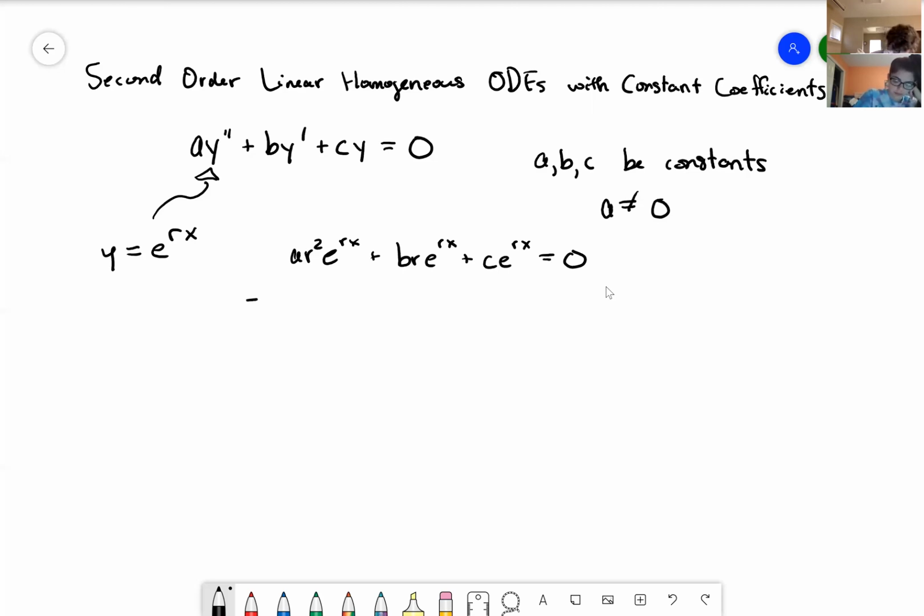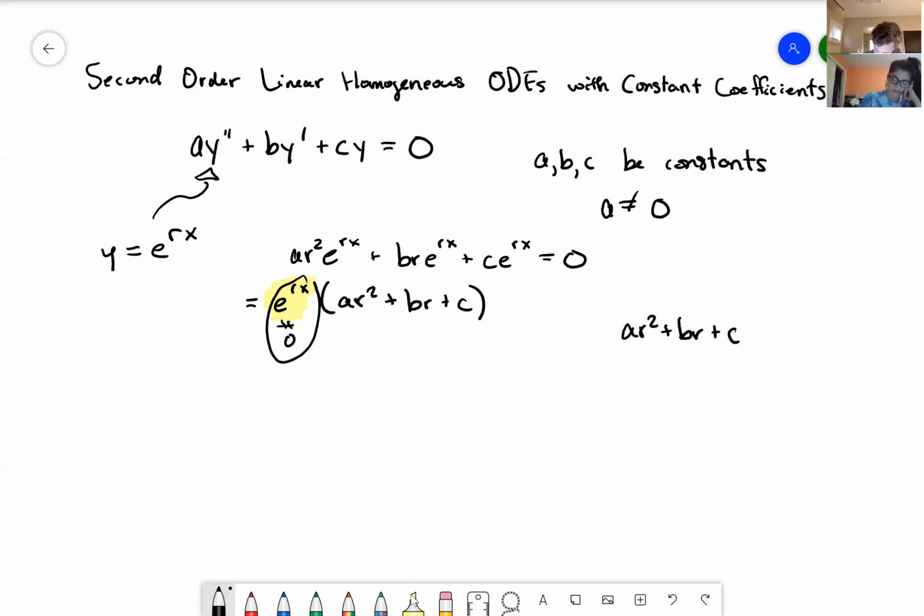And of course, factoring out that e to the rx, we get (ar squared plus br plus c) times e to the rx. And because we know that e to the rx is never equal to 0, we can divide through on both sides. And what we're left with is ar squared plus br plus c.